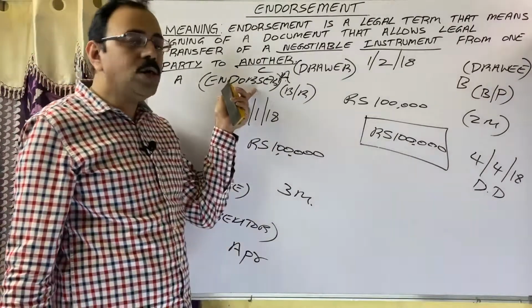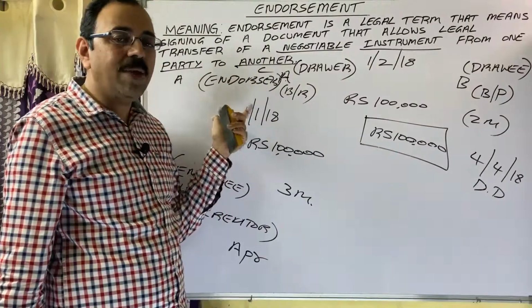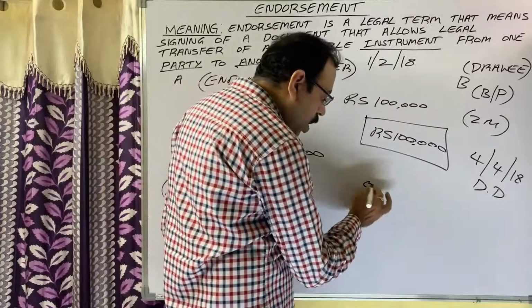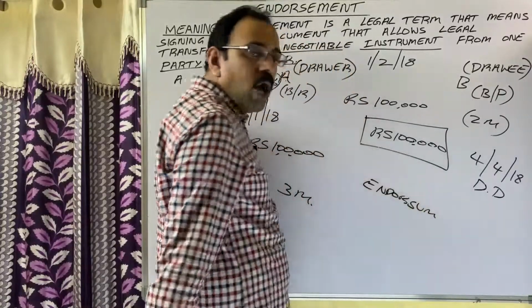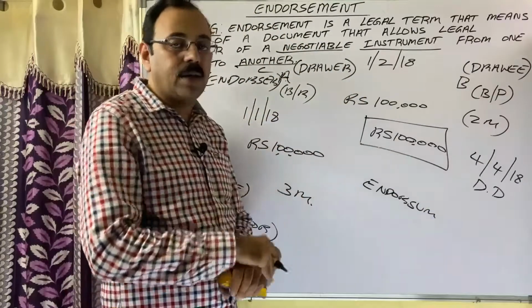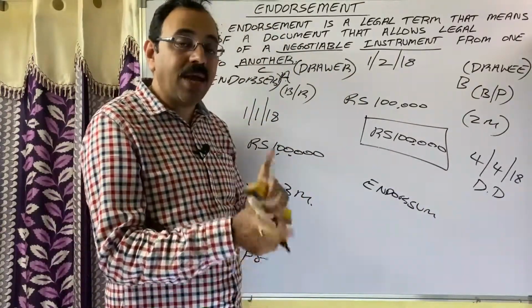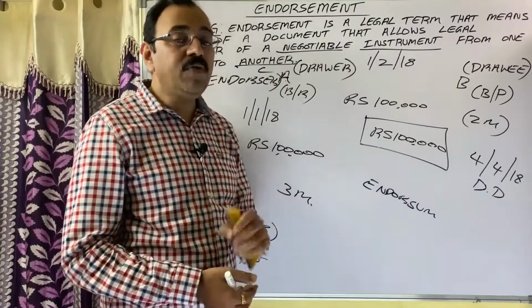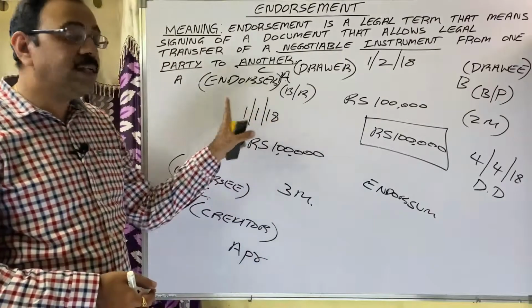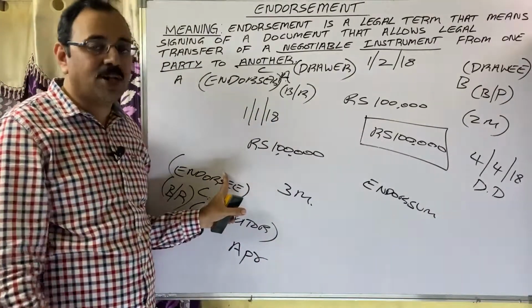Then this word endorsement is derived from a Latin word, endorsum. Endorsum means what? On the back. So endorsement means signing on the back side of a negotiable instrument. And remember one point, there is no maximum limit on the number of endorsements.